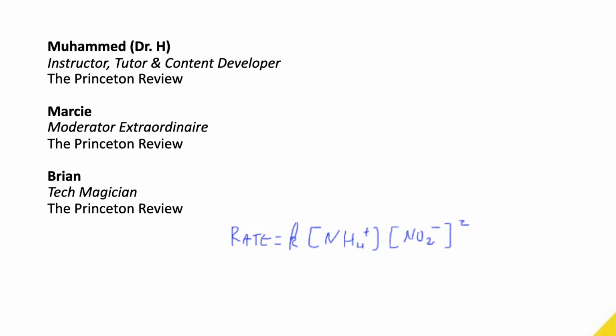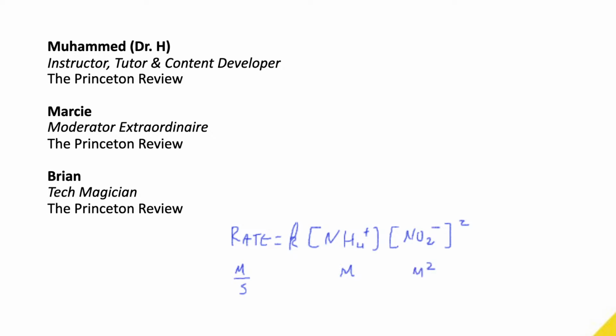The question was, what are the units for K? The rate is always moles per second. I put these as moles per second, which is incorrect. These are concentrations, so this should be a mole, and this should be moles squared.